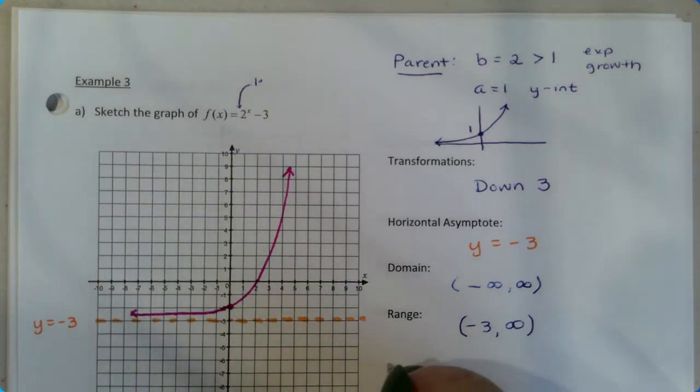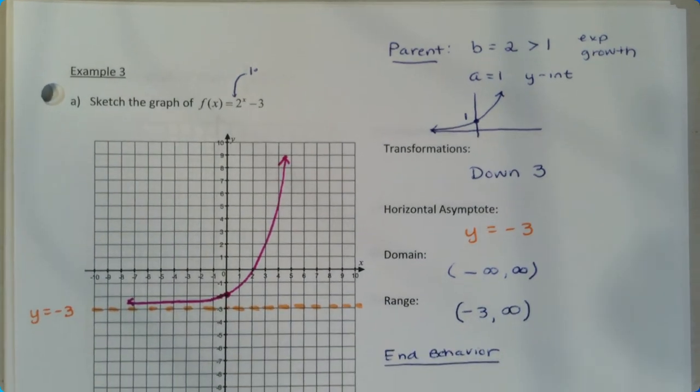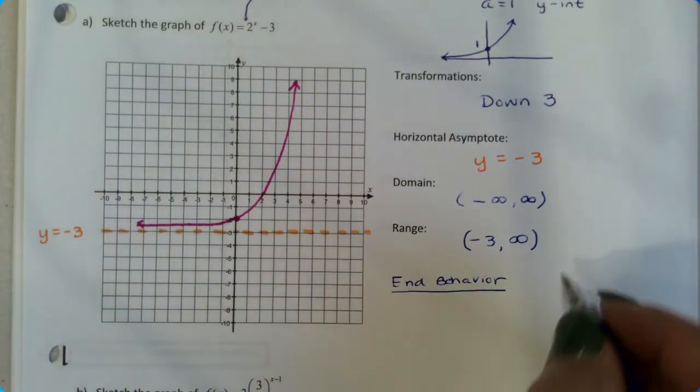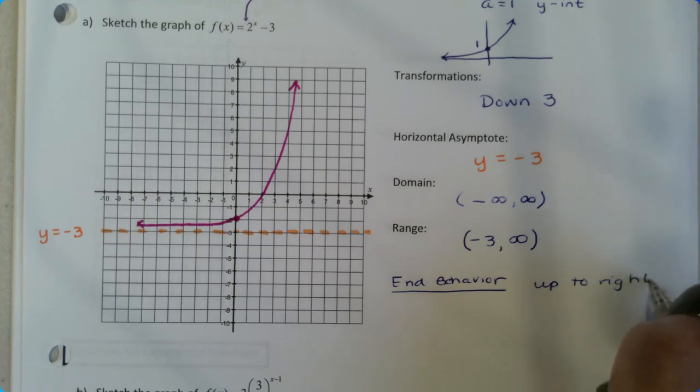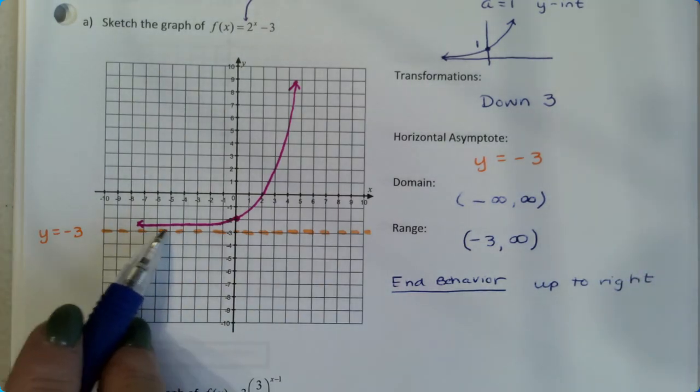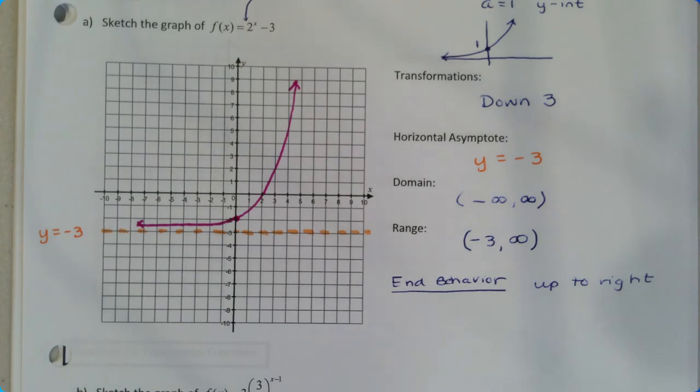Okay. And let's just add end behavior to this as well. This graph goes up to the right, but on the left side, it approaches y equals -3.